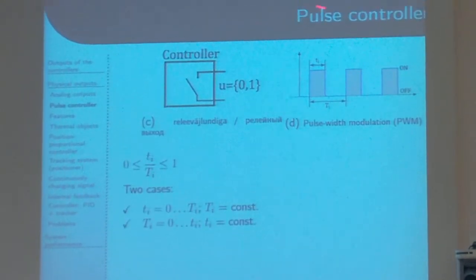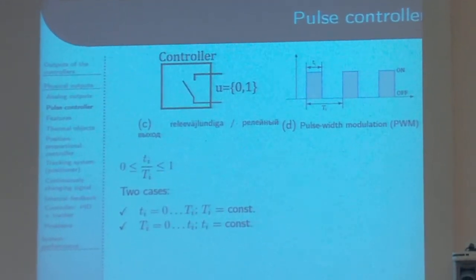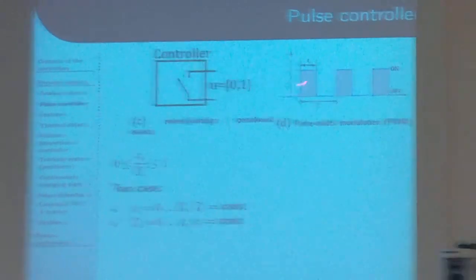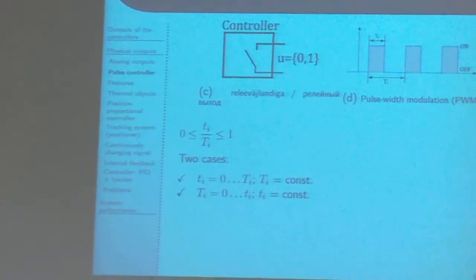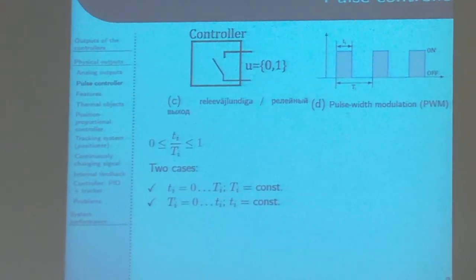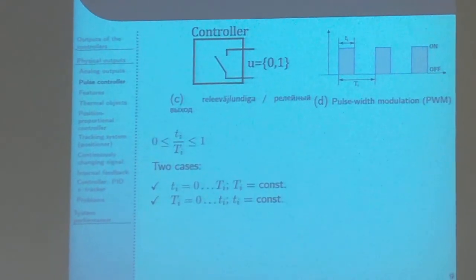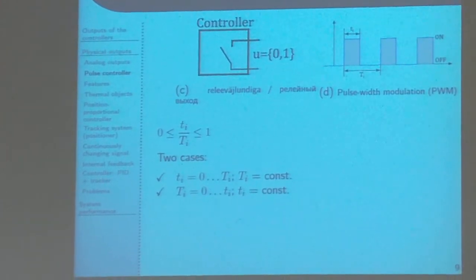But if we are using pulse output, basically dealing with a relay, we can have just 1 or 0. If we have contacts connected, we have 1 or 100%, and if we don't have a contact, we have 0.